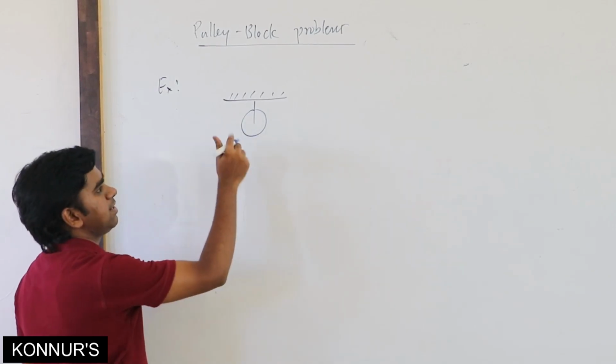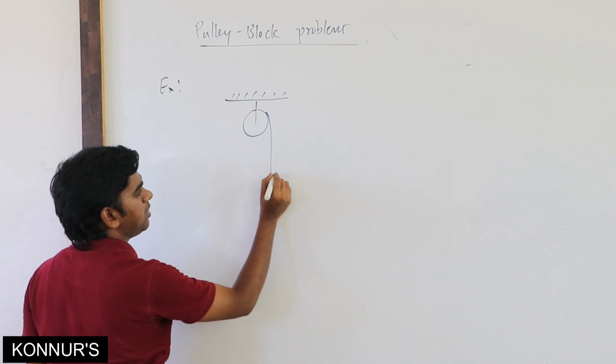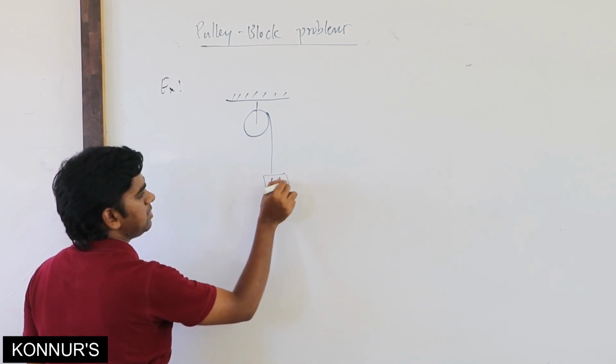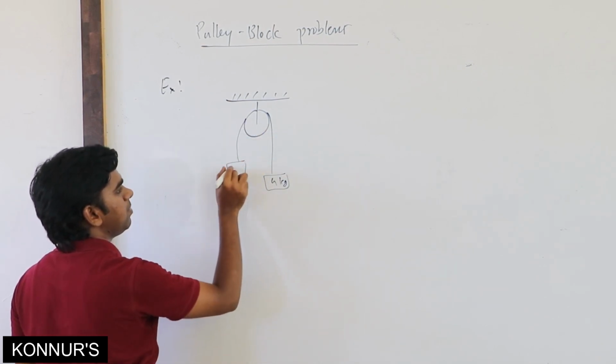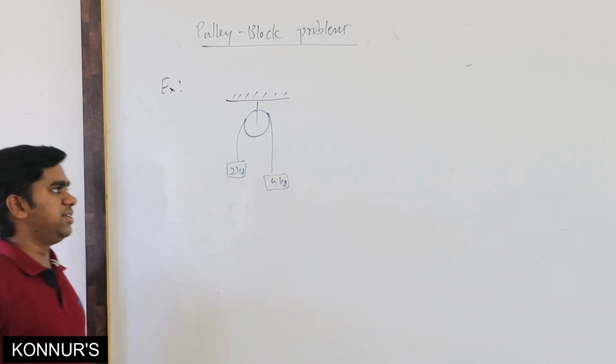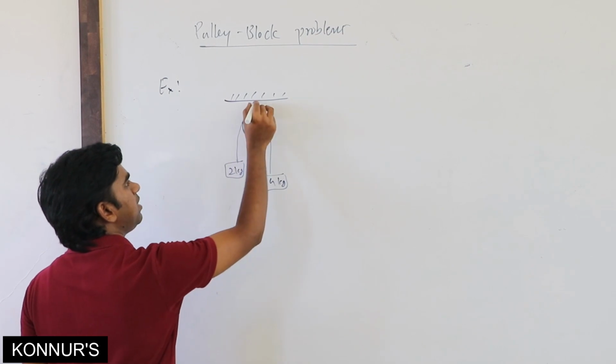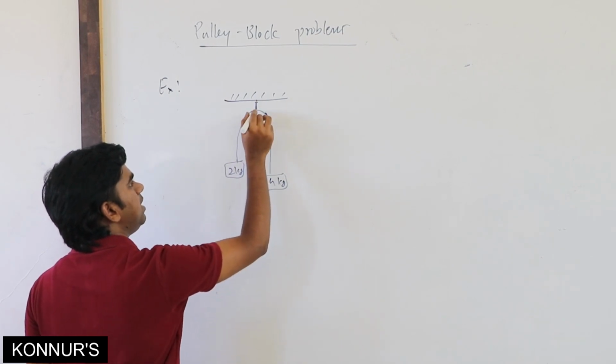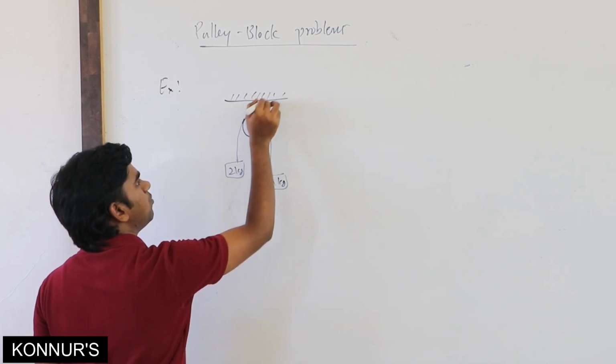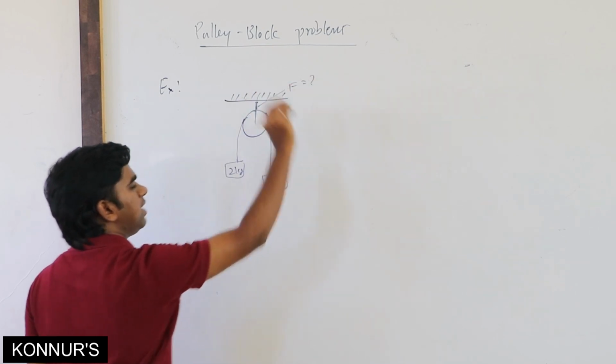So suppose I take the next example: a body of mass 4 kg is connected here and a body of mass 2 kg is connected here. Here what they will ask is, what is the force exerted by the pulley on the roof? This force they will ask sometimes.